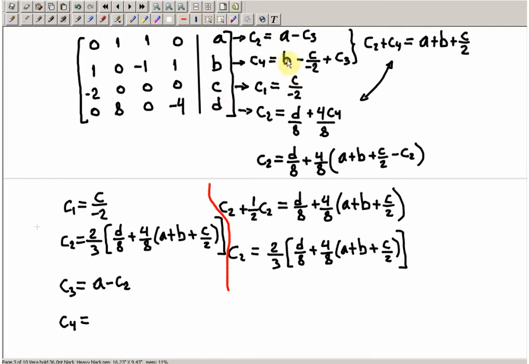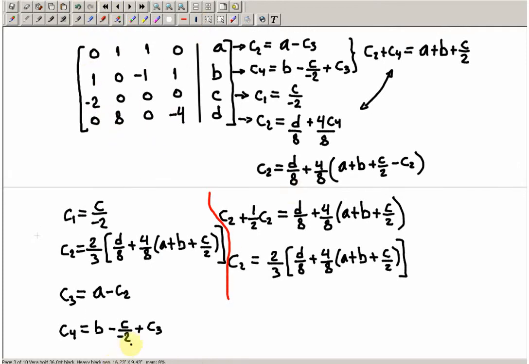So let's copy that. Okay. So, there it is. Alright, we found C1, C2, and then once we find C2 we can get C3, and once we find C3 we can get C4. So those values can be found.